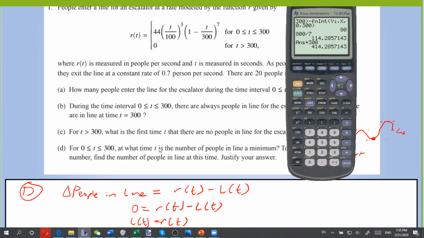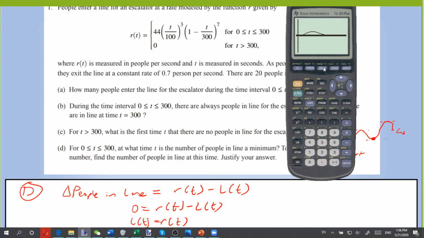So in our calculator, y1 right now is RT, y2 right now is LT. So I'm just going to calculate the intersect. I'm going to give myself a window. I need to be able to see the first 300 seconds. And calculate the intersect. So there's our RT and our LT. Okay, that's a little bit small.